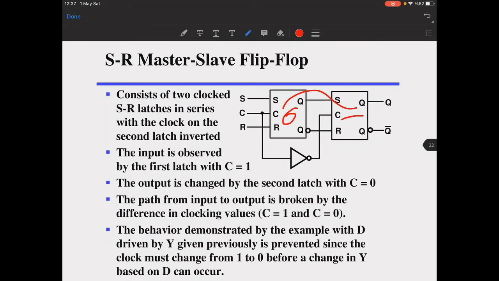The set reset master slave flip-flop solution consists of 2 clocked SR latches here, as you see in the picture. And see that the clock on the second one is an inverted one. The input is observed by the first latch with clock pulse signal of 1. It means that this data will be transferred to right here. And the output is changed by the second latch with C0.